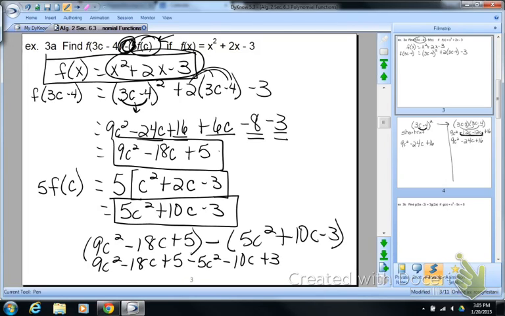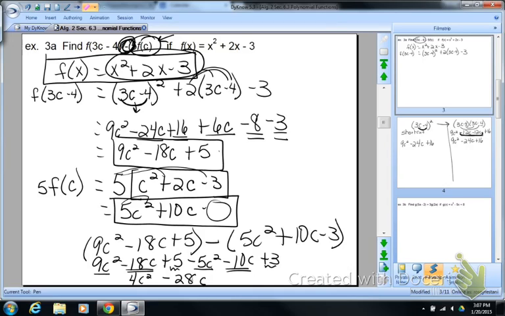Now we're ready to combine like terms. 9c squared minus 5c squared is 4c squared. Negative 18c and a negative 10c is a negative 28c. And then 5 plus 3 is 8. Okay, I messed up right here. That should be a 15.